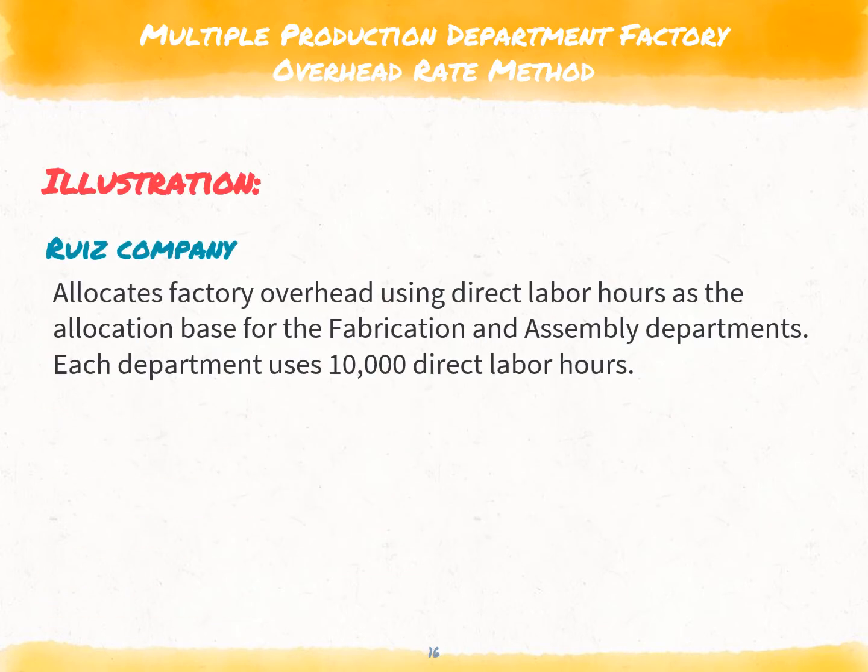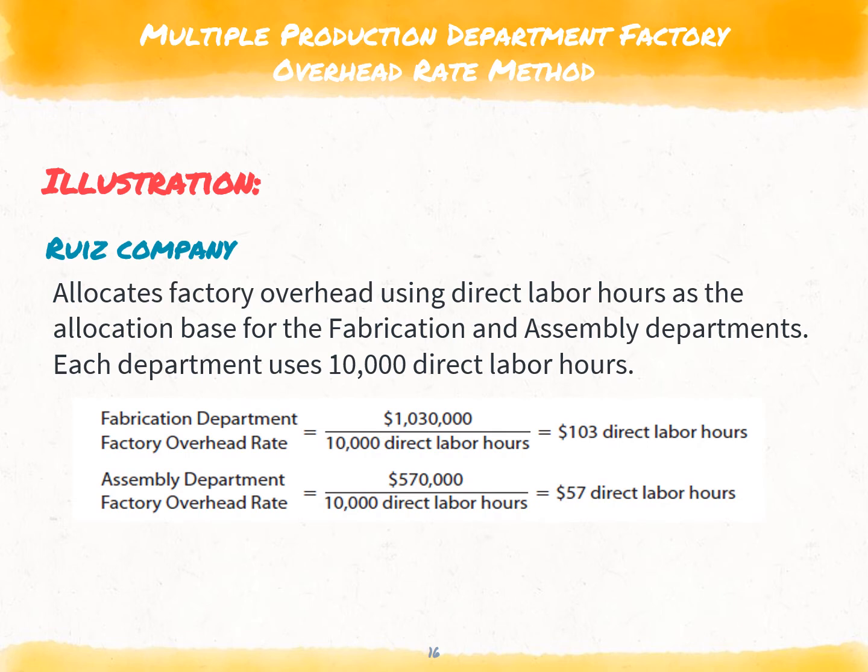We can now compute the production department factory overhead rate. Let us assume that Ruiz Company uses direct labor hours as the allocation base for the fabrication and assembly departments. Each department uses 10,000 direct labor hours.